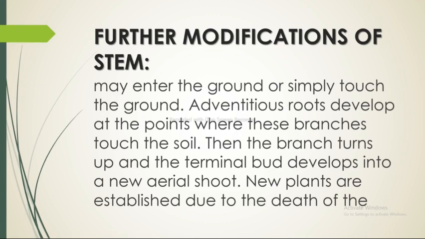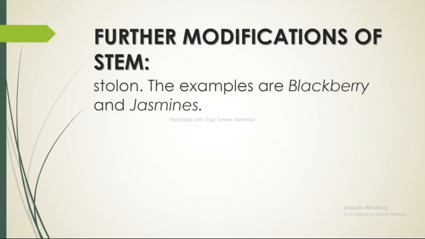Adventitious roots develop at the points where these branches touch the soil. Then the branch turns up and the terminal bud develops into a new aerial shoot. So new plants are established due to the death of the stolon. The examples are blackberry and jasmine.